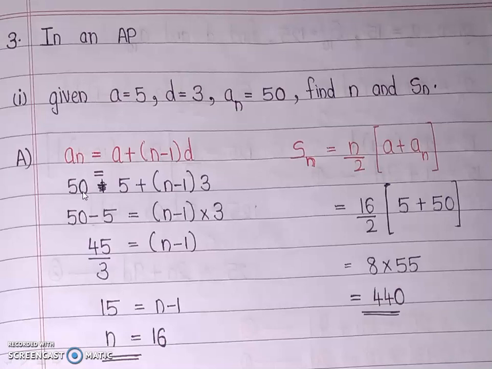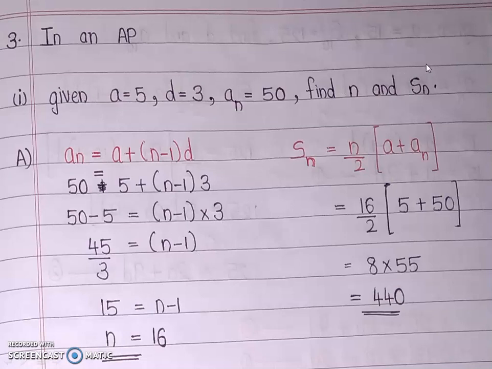An is given as 50, a is given as 5, d is given as 3. So 50 minus 5, 45. Here 3 is multiplied. So when you take to the other side, it becomes division. So 45 by 3 equal to 15. 15 is what? N minus 1. So what is n? 15 plus 1, 16.